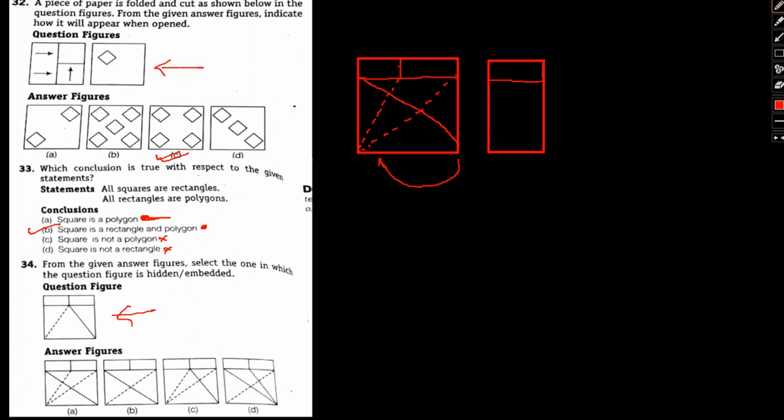Since it comes here, it will be somewhere down to this end. It will continue from this end only, and subsequently this will continue. It will look something like this on these lines, and another one would be along this way as well. So option A does not yield it this way.